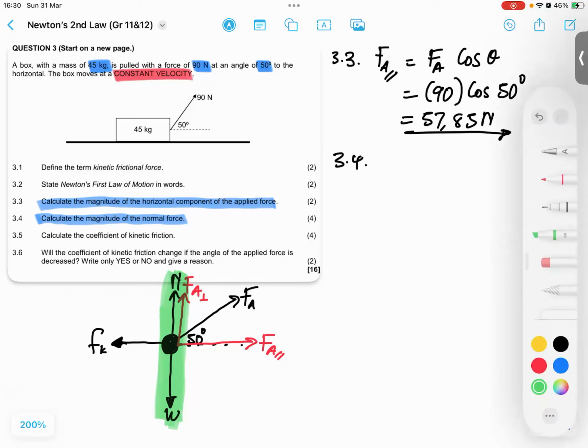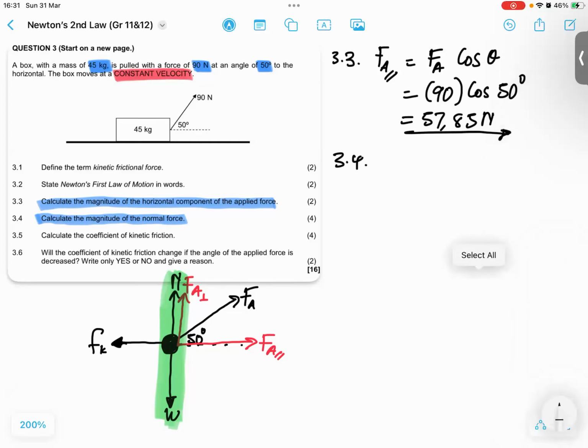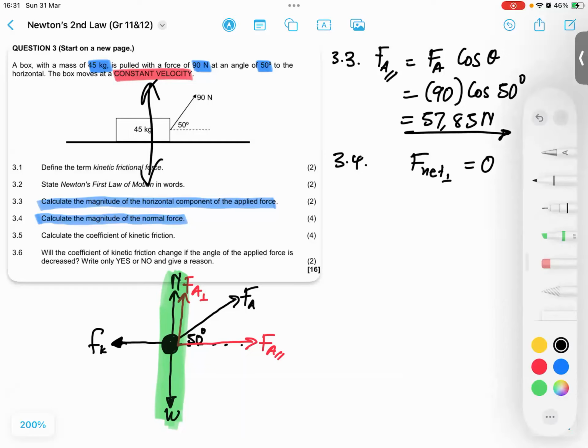So we just write down that F net perpendicular to the surface is equal to 0 because the object is not moving up or down. Therefore, there is no acceleration, and if there's no acceleration, the net force is 0, right?